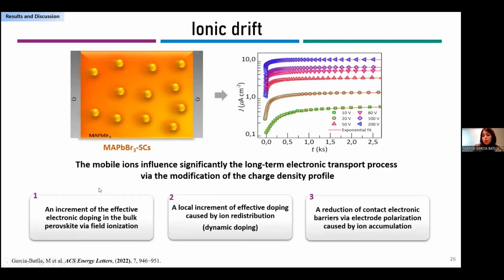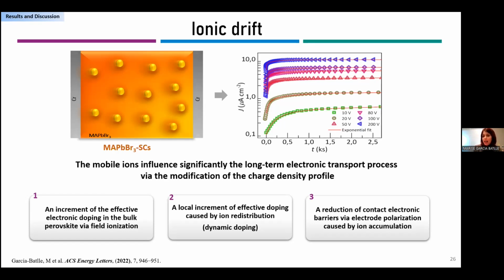It can be due to the increment of defective electronic doping. It can be due to the dynamic doping of something happening in the contact, caused by this accumulation of ions at the interface, or maybe the three processes can occur at the same time.